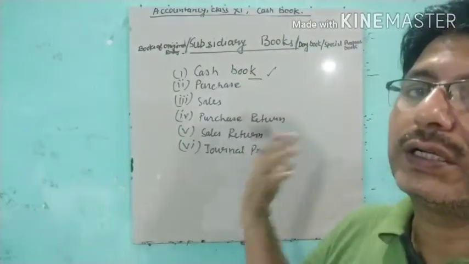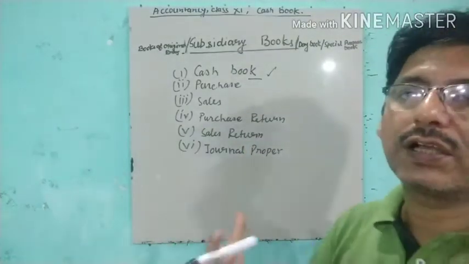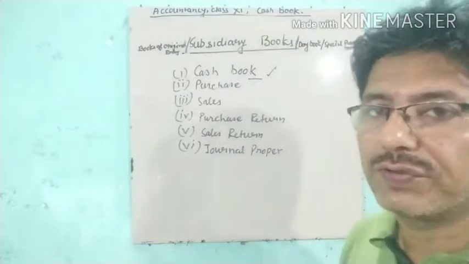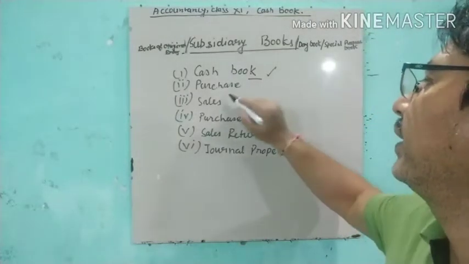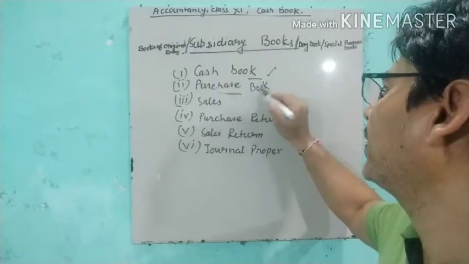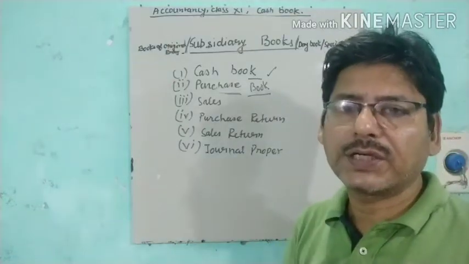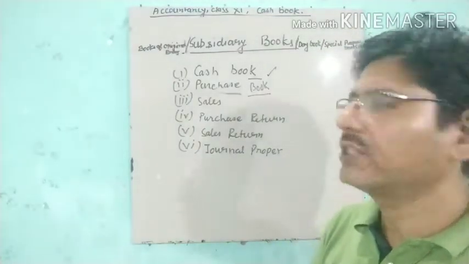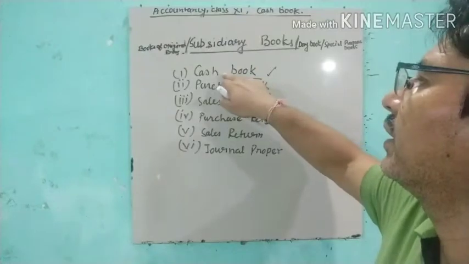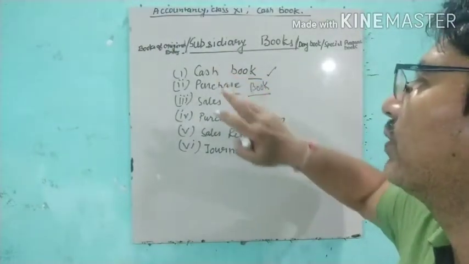Then how much is deposited, how much cash has increased, the inflow of cash and the outflow of cash, we can say, and the bank. Then comes the purchase book. In the purchase book, all the transactions related to credit purchases are recorded. Cash purchases are already recorded in the cash book, because while purchasing goods in cash, the cash goes out of the business.